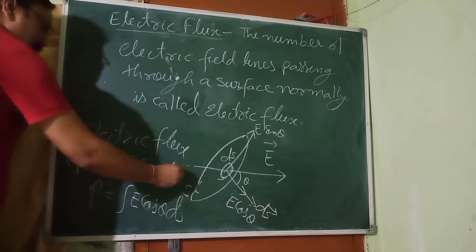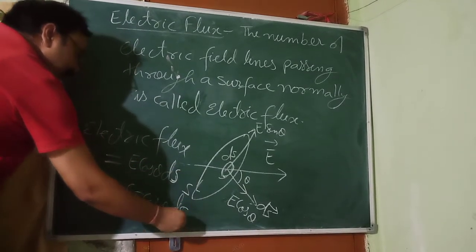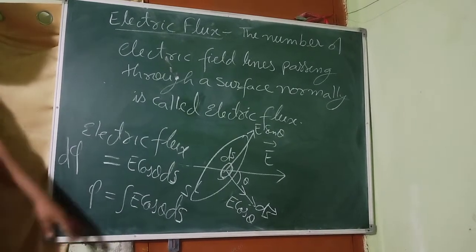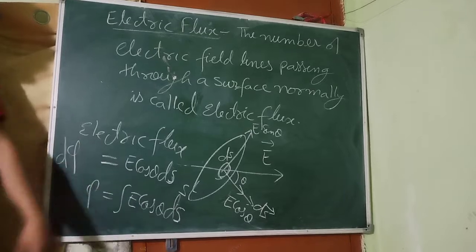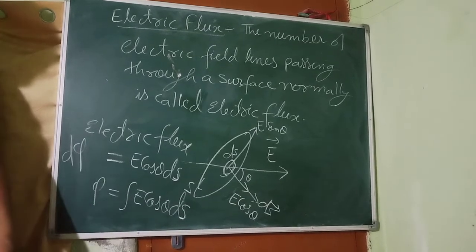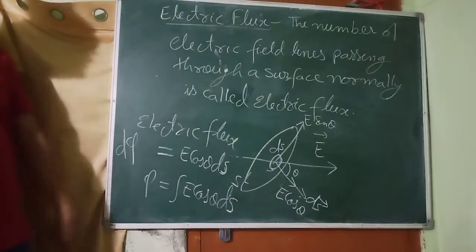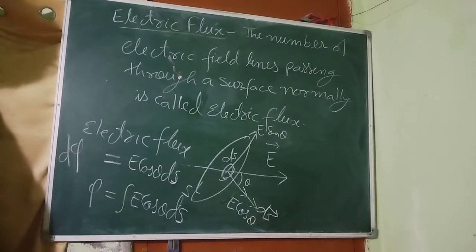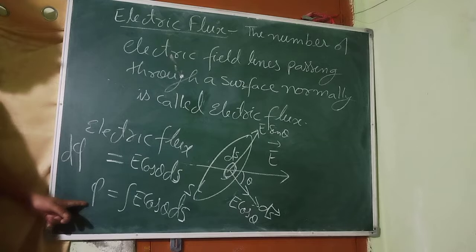I am not putting the vector sign here because for other vector quantities we are not putting it either. Two vector quantities can be multiplied in only two ways: the dot product and the cross product.